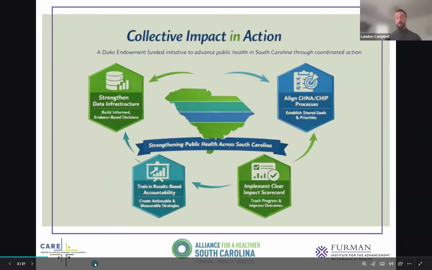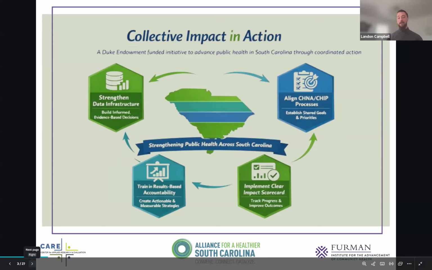Before I hand it back to our experts, I'm going to briefly touch on our broader work at the Alliance through the Duke Endowment. We have 4 key strategies to produce coordinated, data-driven action that reduces disparities and advances equitable population health across South Carolina. First, we strengthen the data infrastructure, and this provides the information needed to make informed evidence-based decisions across our partnerships.